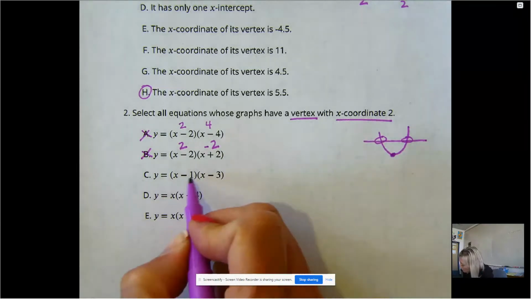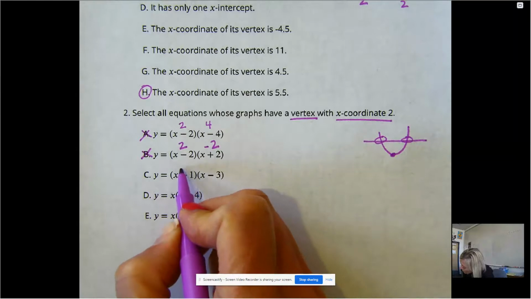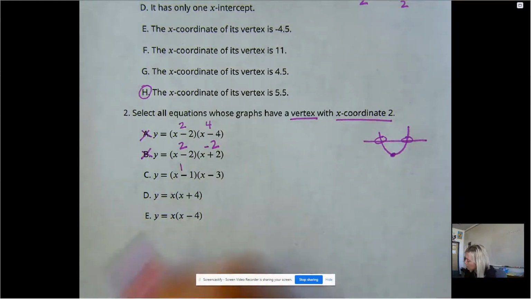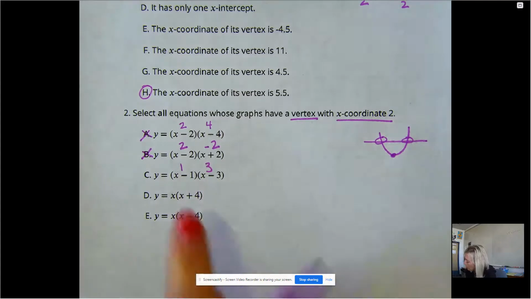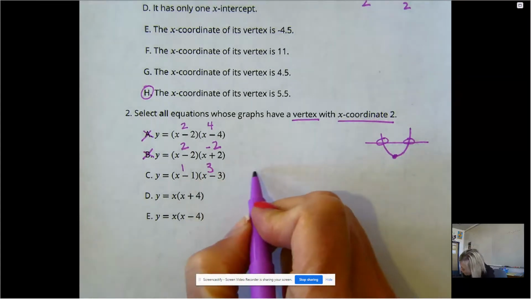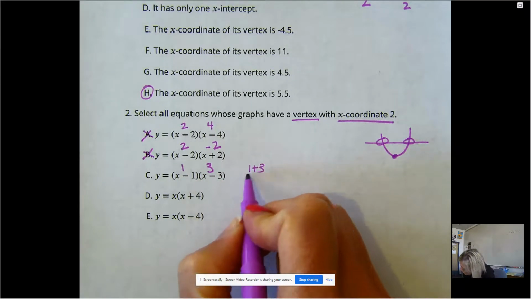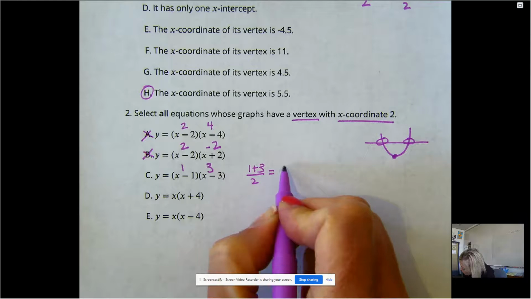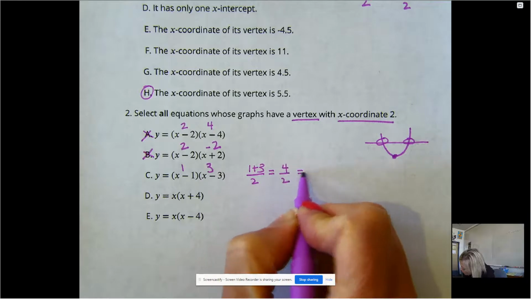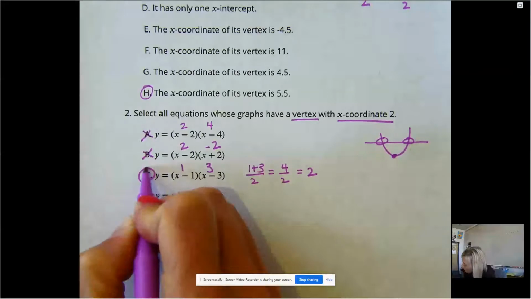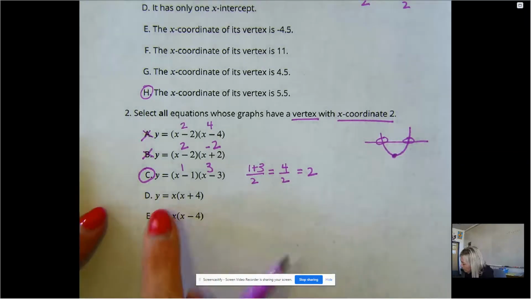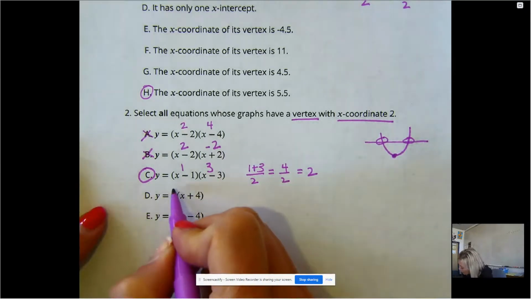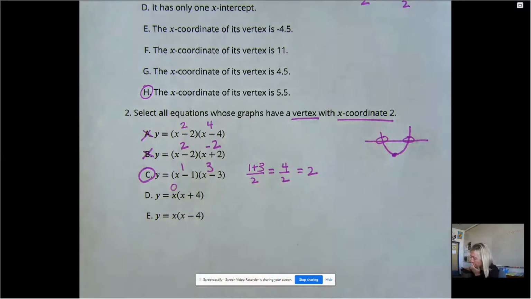C, for x minus 1, that would give us an x-intercept when x is 1, and then for x minus 3, when x is 3, and right in the middle, so 1 plus 3 divided by 2, is a 2. So C gives us an x-coordinate of 2 for the vertex. D, the x in the front gives me an x-intercept at 0.